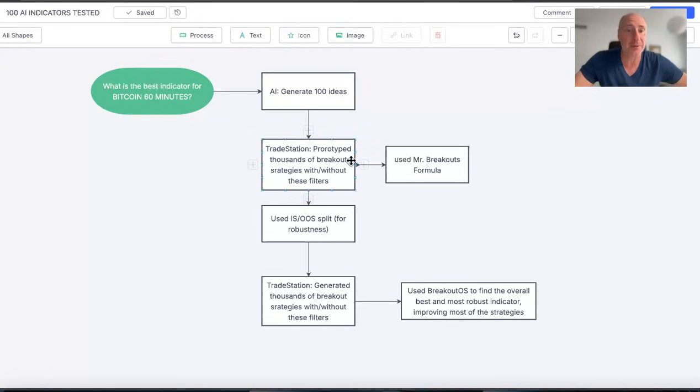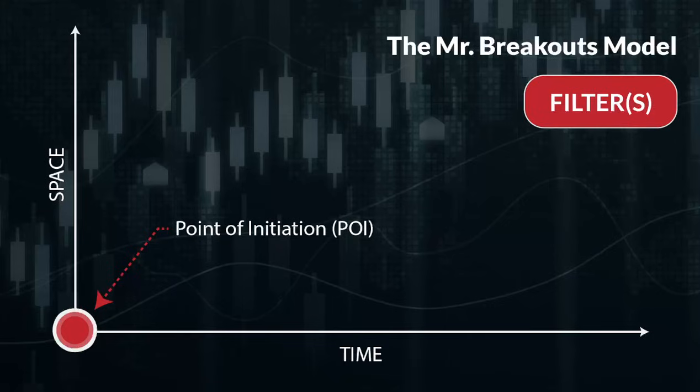I prototyped thousands of breakout strategies on indexes. In the case of crypto, it's more hundreds. I prototyped hundreds of breakout trading strategies with the Mr. Breakout's formula, which is the formula you can see here, a very profitable formula which works on crypto as well.